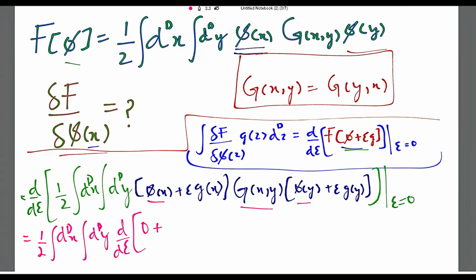Now let's do the next thing. The next thing is we'll multiply phi of x, g of xy and then e g of y. It will stay because it contains e, and we'll have a non-zero derivative. So phi of x, g of xy and then e g of y, plus e g of x, g of xy and phi of y, it will survive as well.